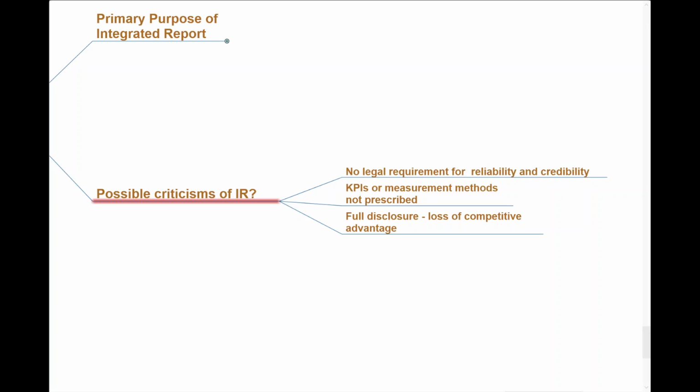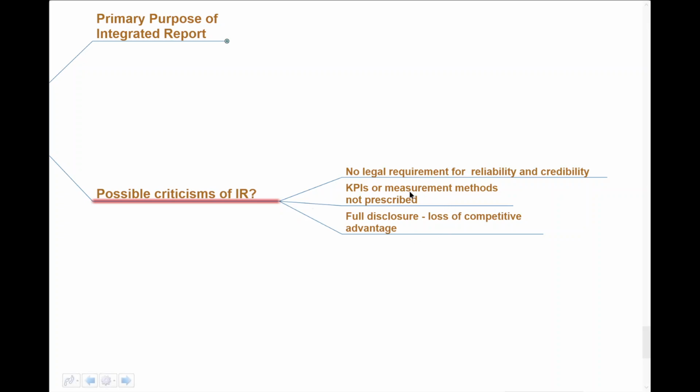So, for example, if we're looking for comparability between different listed entities, that's going to be difficult to do because there are no prescribed standards. Final point here is this issue of competitive advantage and the use of information disclosed within an integrated report by other parties, possibly competitors.